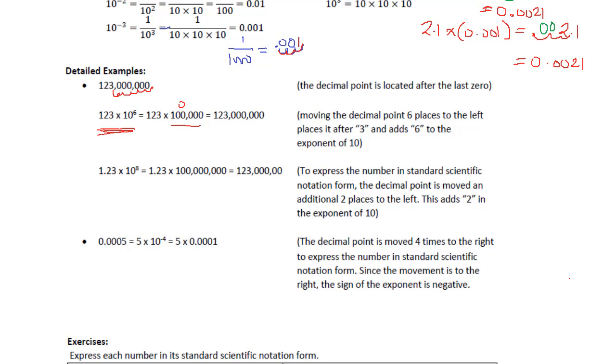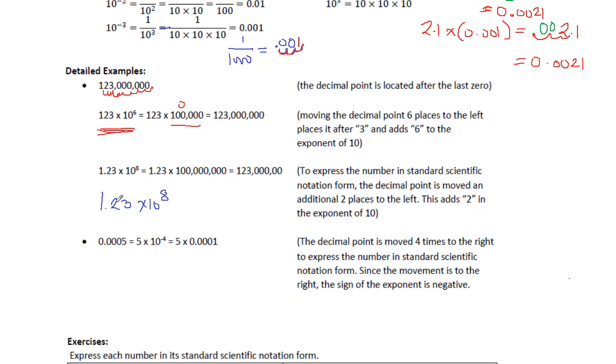What does that mean? So we continue counting. This is already 6, 7, 8. So we move the decimal place 8 times towards the left. And when we do that, that means our exponent is a positive 8. So it will be 1.23 times 10 to the 8.